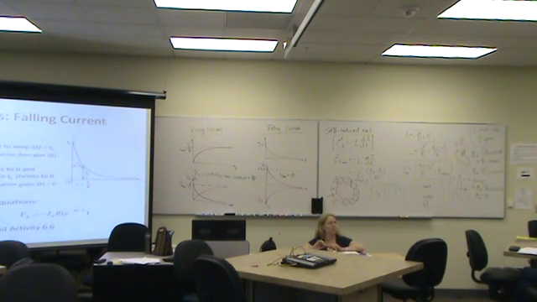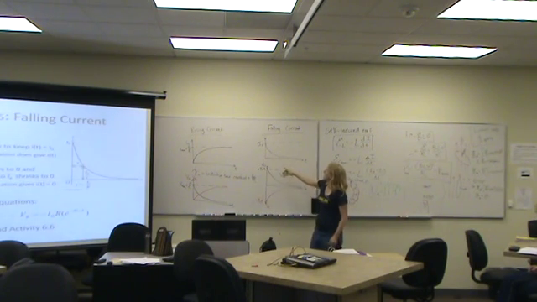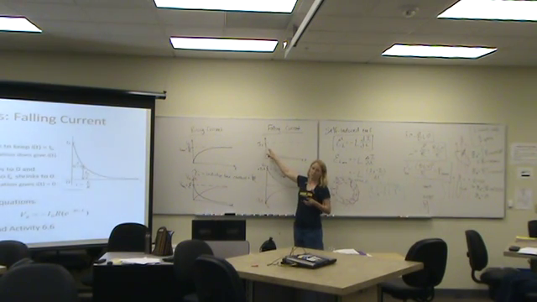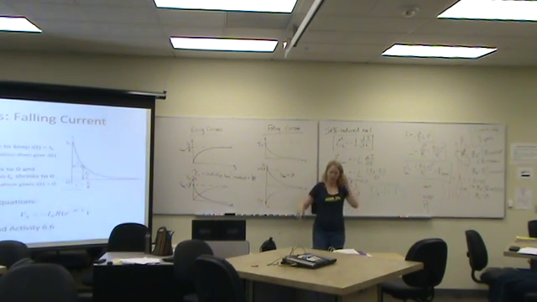Because it's a DC. Yeah, so right before it closed, it was feeling all the voltage of the battery. It was a steady state current, so that's just V equals IR, I equals V over R. And it wouldn't matter whether you're talking about the inductor current or the resistor current. They're in series. They feel the same current.